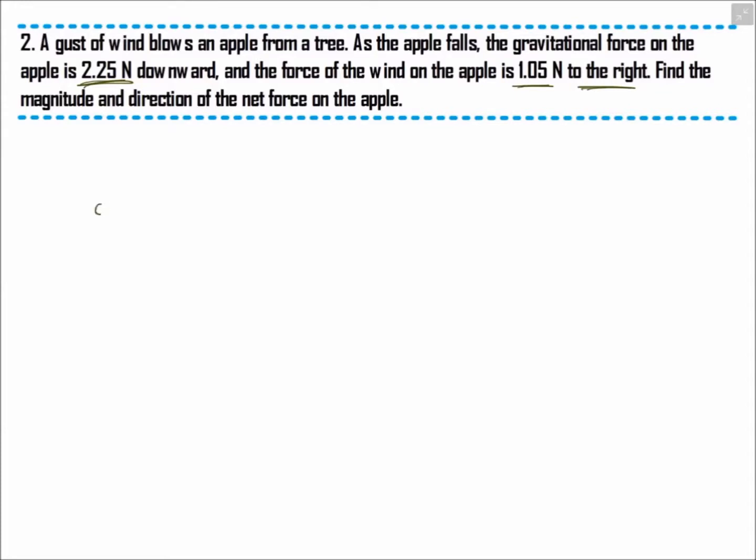So let's say this is an apple. So this is the force of the wind, which is 1.05 Newton, and it is falling down with the force of the weight, which is 2.25 Newton. And the question says calculate the net force, F net, and the direction of it.